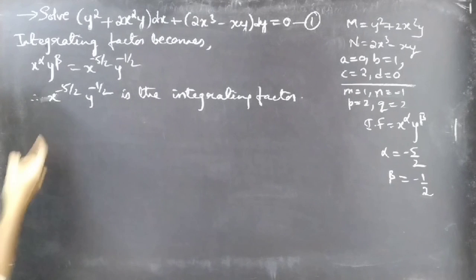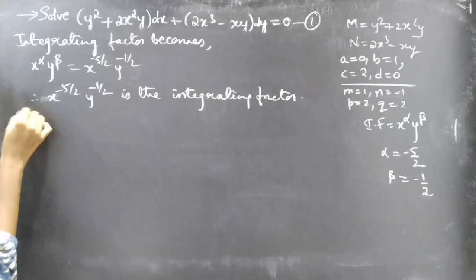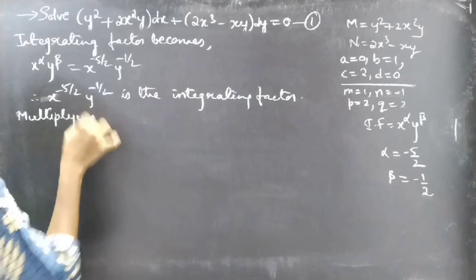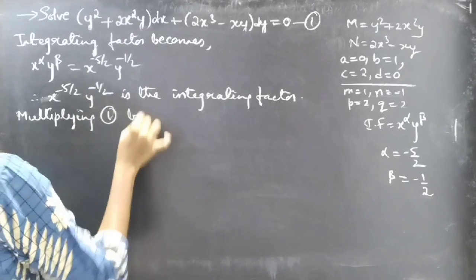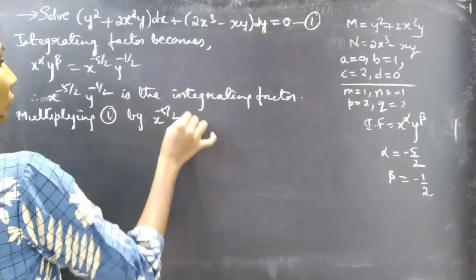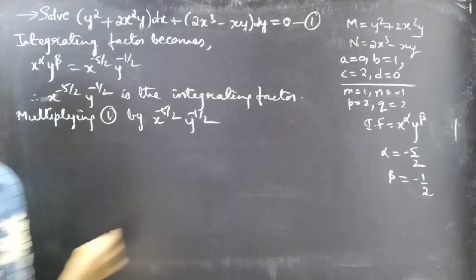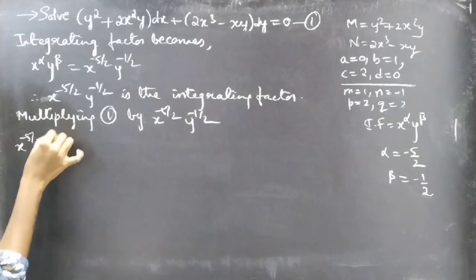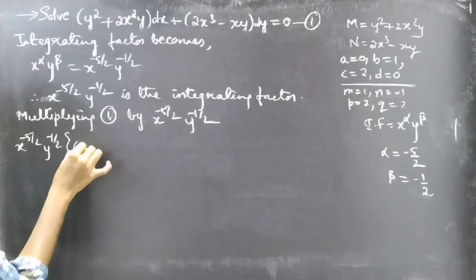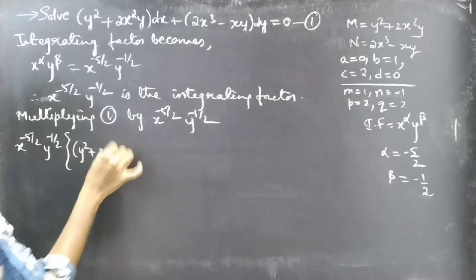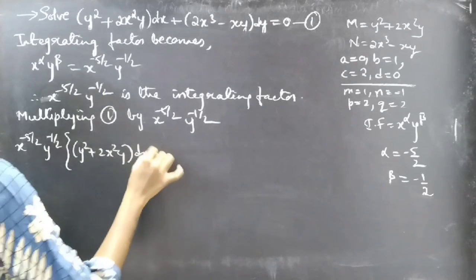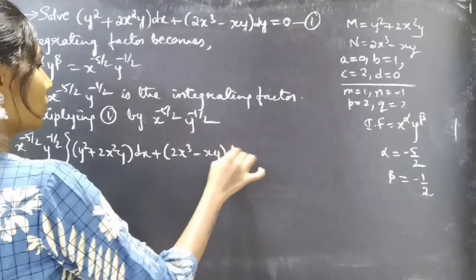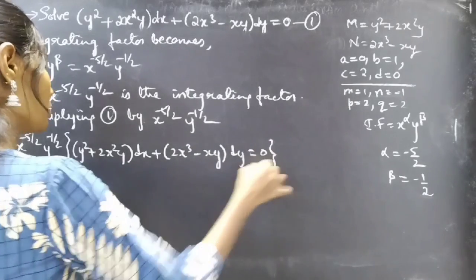Now multiplying 1 by this integrating factor gives (y² + 2x²y) dx + (2x³ − xy) dy = 0, right?